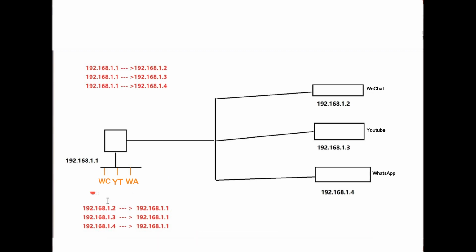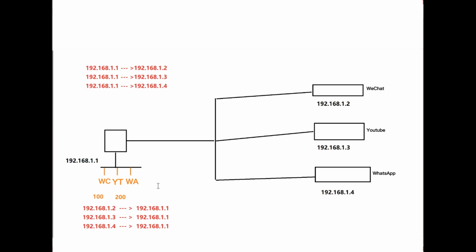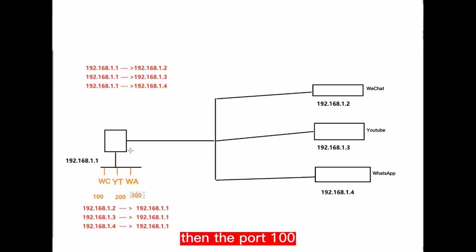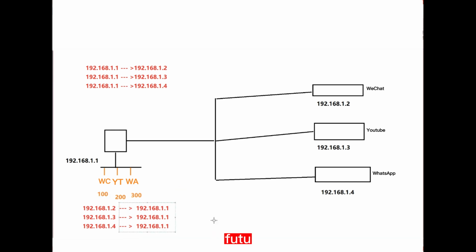For example, the WeChat port is 100 locally, and the YouTube port is 200 locally. Of course, when I tell you about real communication, these ports are not available; these cannot be used casually. Then port 100 on the PC identifies the WeChat app, and 200 identifies YouTube.